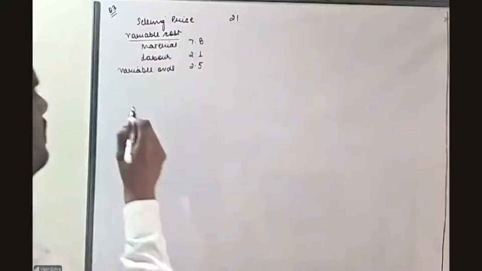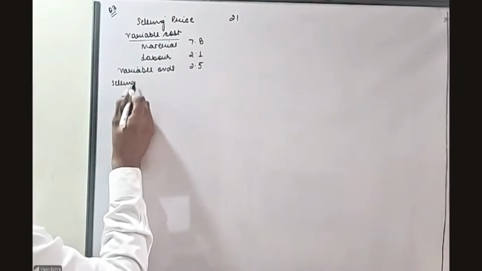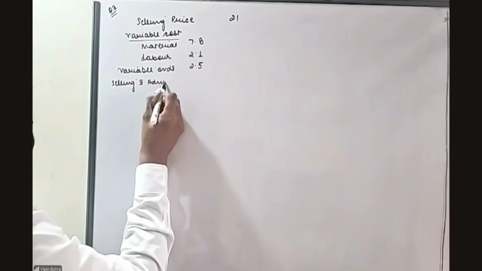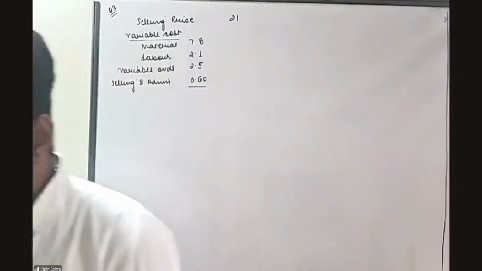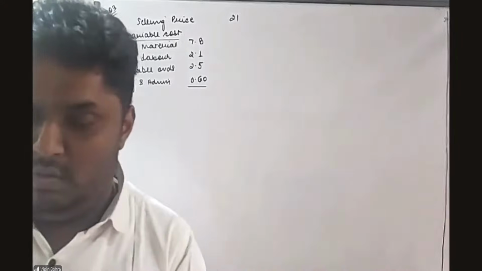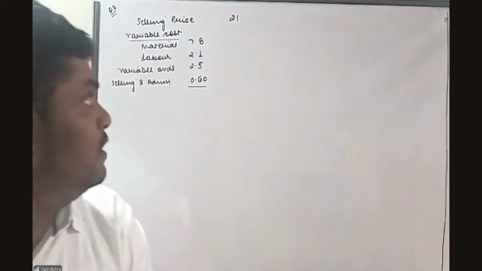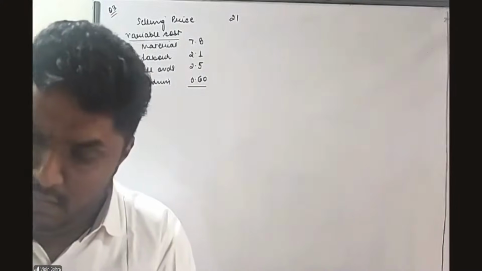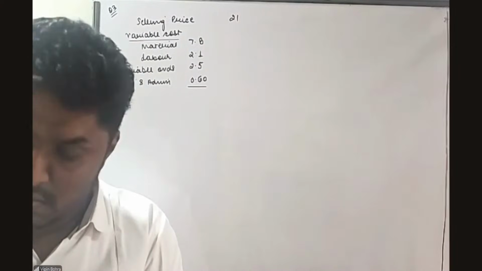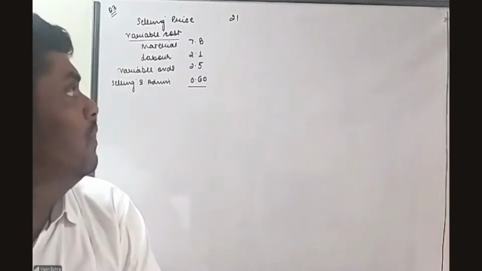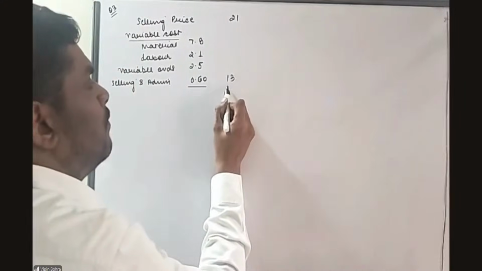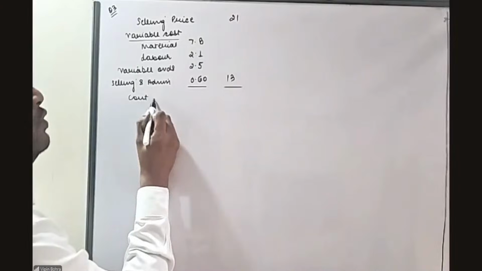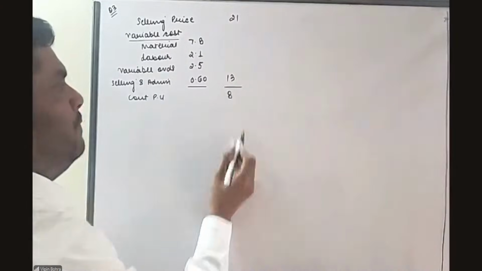Further, the selling and administration variable cost is given per tin. So this is all about the variable cost. My total variable cost per unit will be 13. So my contribution per unit will be 8.